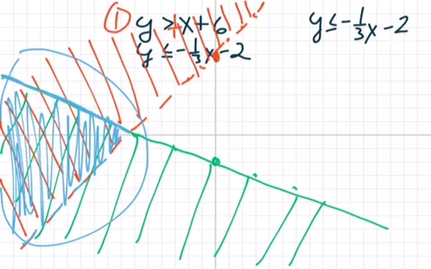Any coordinate pair in that darkened blue region makes both of the inequalities true at the exact same time. And that's actually the only way to have an answer. An answer is not going to be just one ordered pair like our equations. We're going to have a whole blue region.